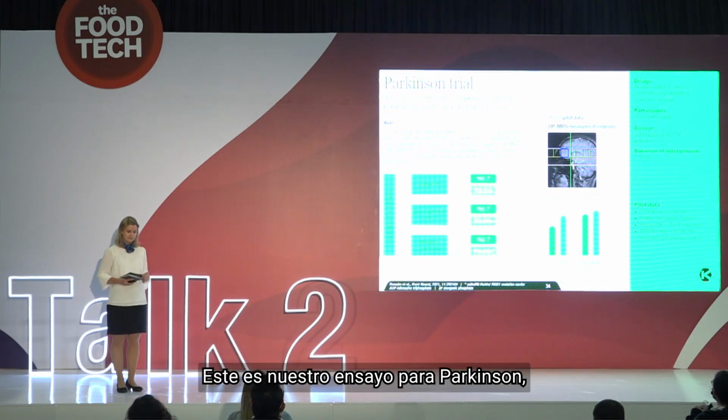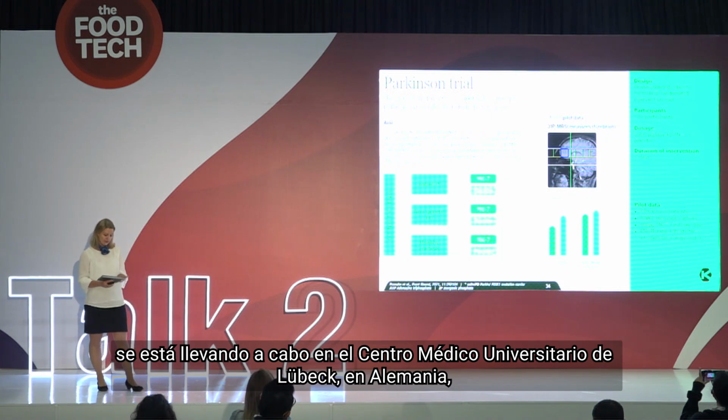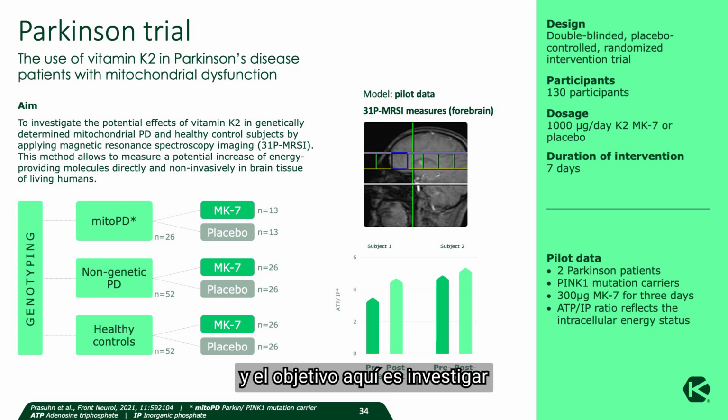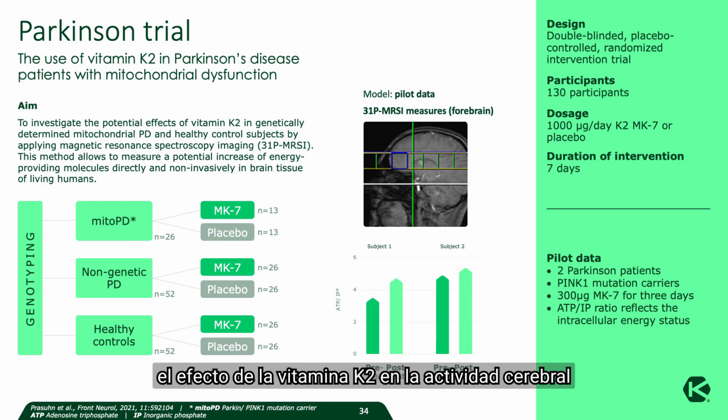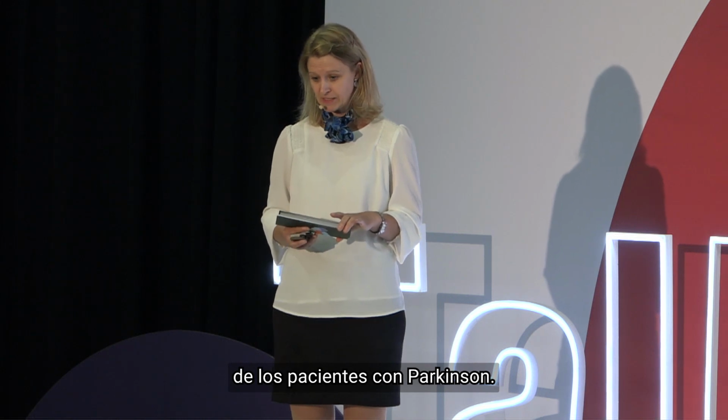So this is our Parkinson trial. It's carried out at the University Medical Center in Lübeck in Germany. And the aim here is to investigate the effect of vitamin K2 on brain activity in Parkinson patients.